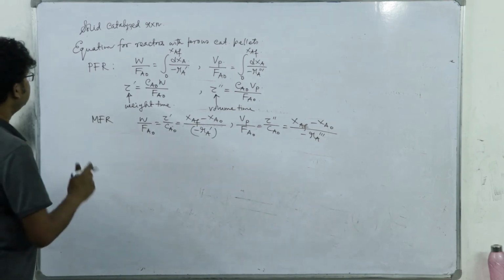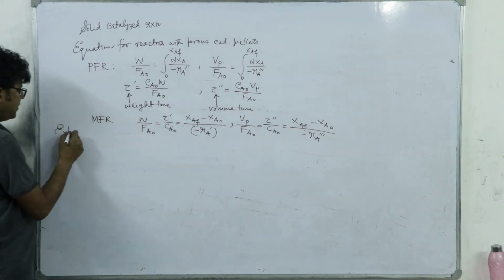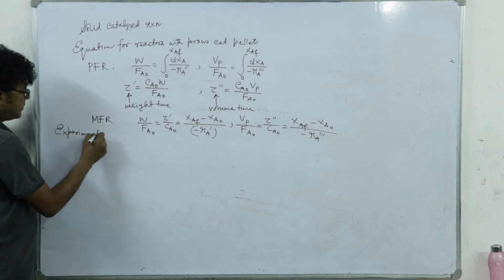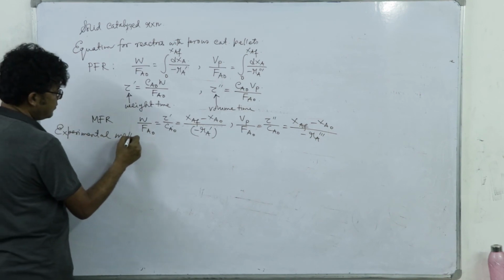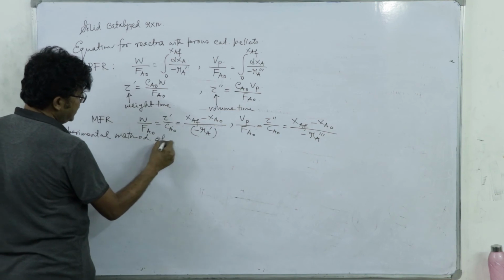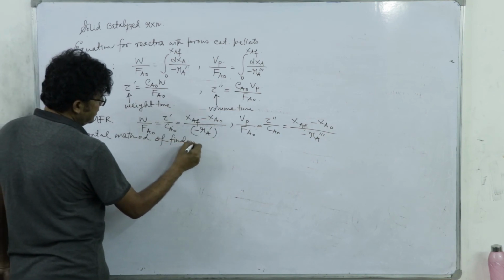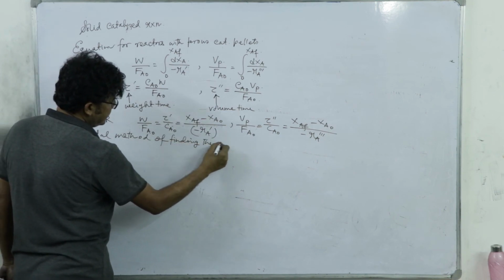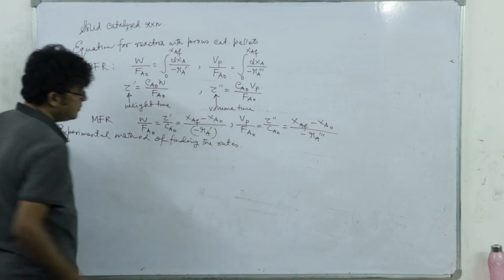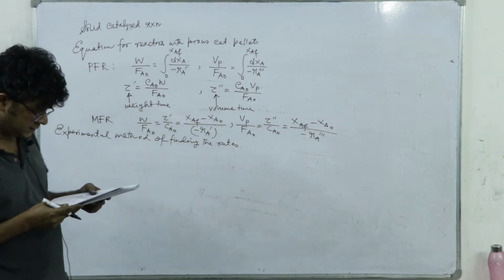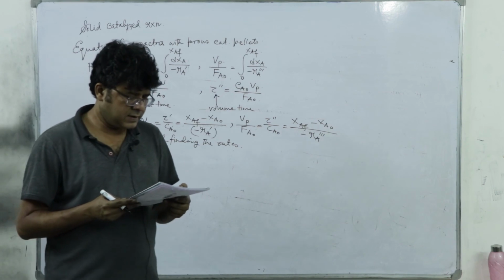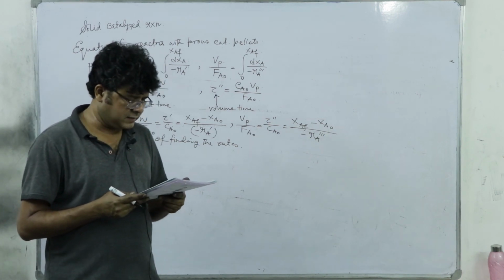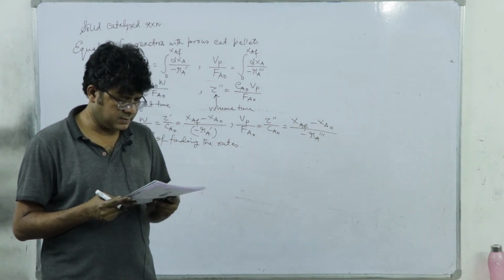Now, lastly we will try to discuss the experimental method of finding the rates. Again you see there are two different methods, one is the integral approach, another is the differential approach, right.